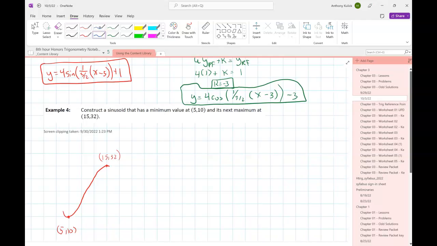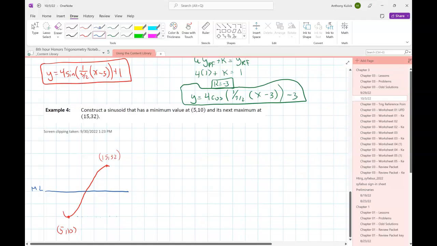Okay. So if I were to draw the midline here, it would come through like here-ish, right? You guys agree? So that's literally the middle between 10 and 32. You guys agree with that? So how far is that?